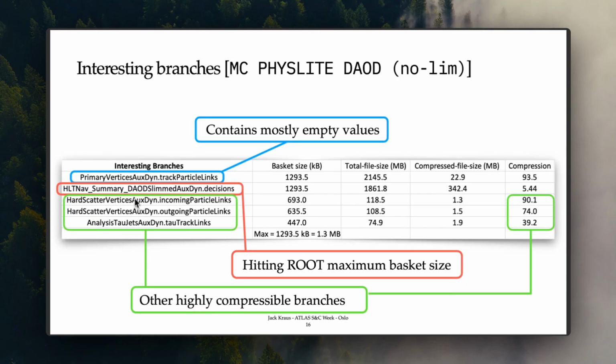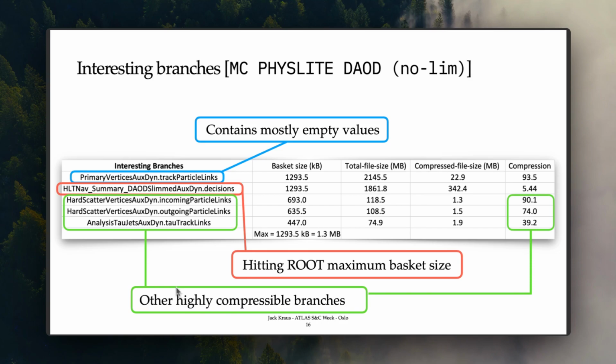What we did look at were, this one is filled with mostly empty values, so it's like normal integers, mostly zero, but the other ones are these highly compressed hard scatter vertices and tau track links, which we're not really sure why they're very compressible.